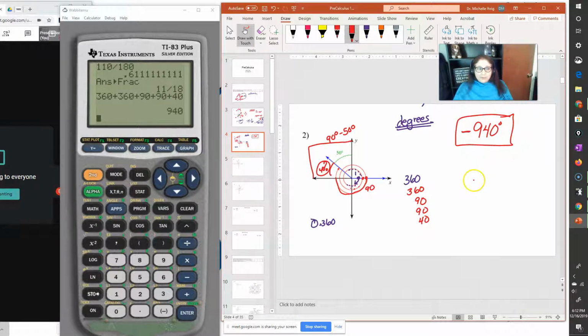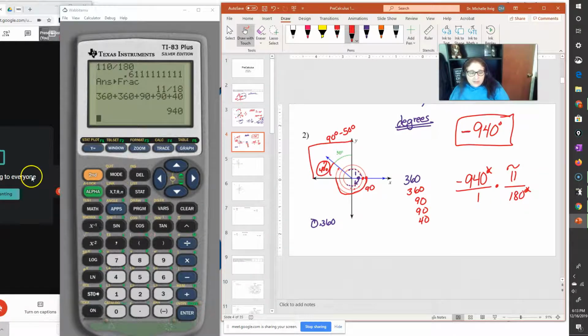Now again, if we want to convert degrees to radians, we know we have negative 940 degrees in the numerator. Pi has to go in the top, and 180 goes in the bottom, so we can cross out our degree measures. We also know pi goes in the top because when we do radians, the pi is part of the radians.